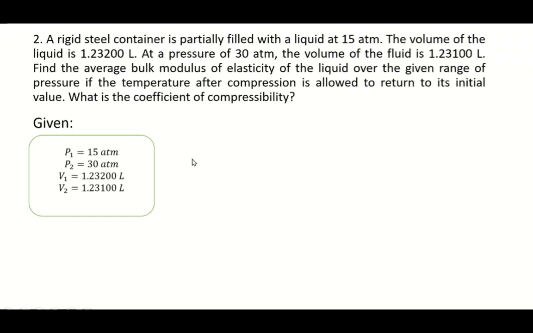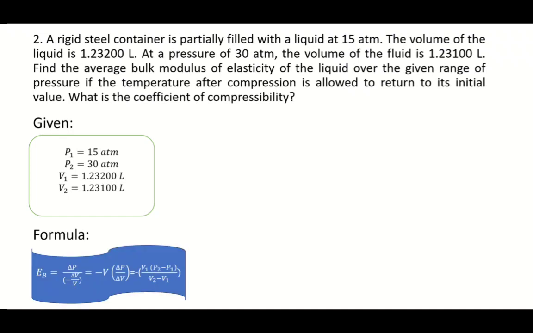Since we are asked to solve the bulk modulus of elasticity, of course we will use the formula of the bulk modulus of elasticity. Given the formula, the change in pressure, P2 minus P1, over the negative change of volume, which is V2 minus V1 over the initial volume.